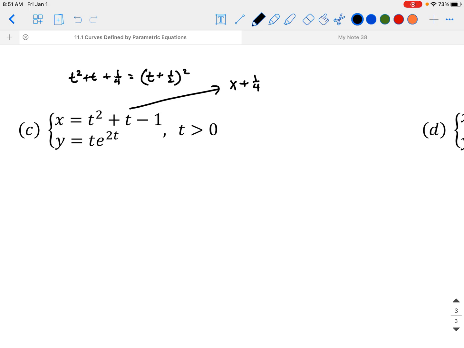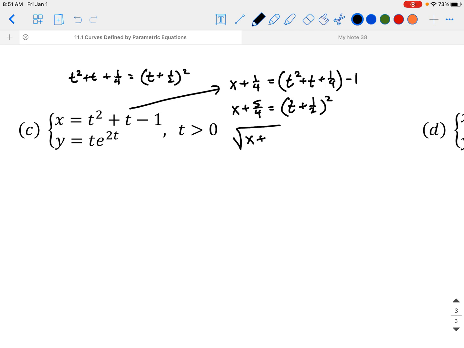So we'll have x plus 1/4, and then we'll have t squared plus t plus 1/4 minus 1. So again, we'll add that 1/4 to both sides. I can add the 1 over to the left-hand side also. So we'll just get x plus 5/4. And then we'll have t plus 1/2 squared.